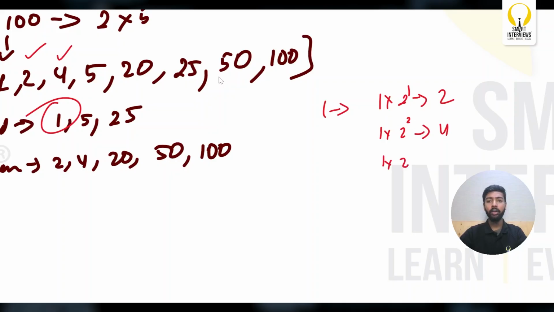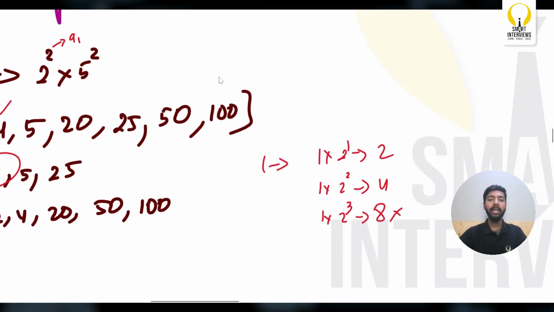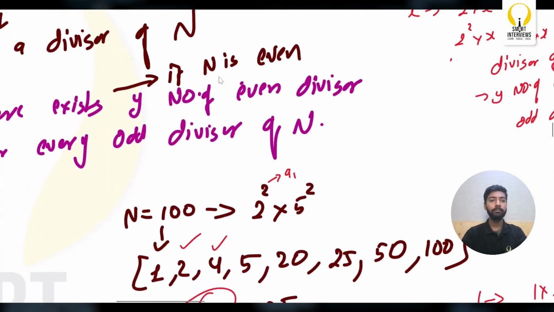Now, can I have 1 into 2 power 3, which is 8? No, right? If you see, in my prime factorization, my a1 is only 2. So that means I can only generate 2 even divisors for every odd divisor.